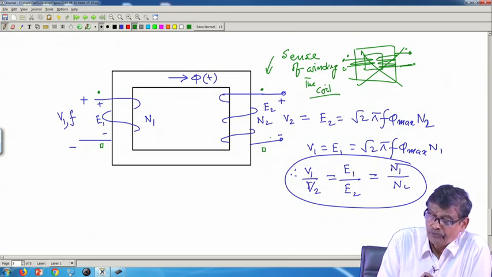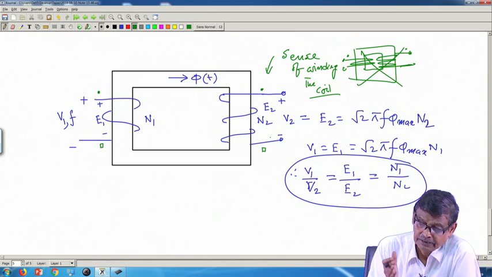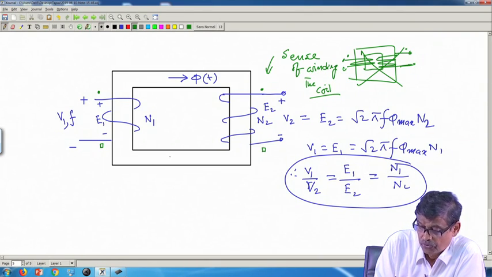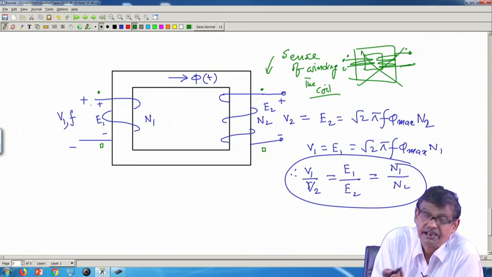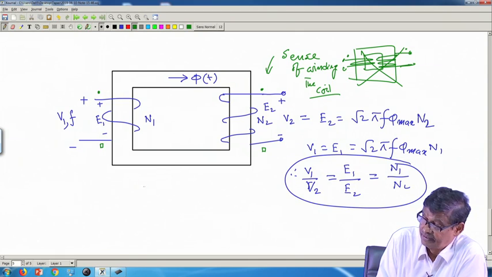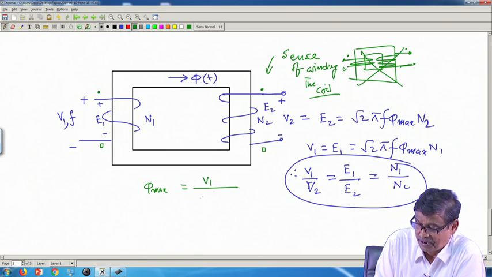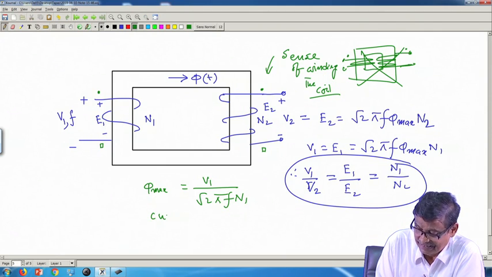Okay. So, we are discussing the ideal transformer, and the ideal transformer is that transformer which requires a vanishingly small magnetizing current to create a finite flux of strength V1 by root 2 pi f N1.